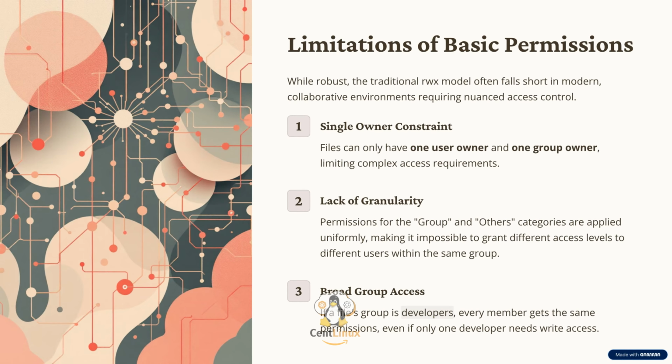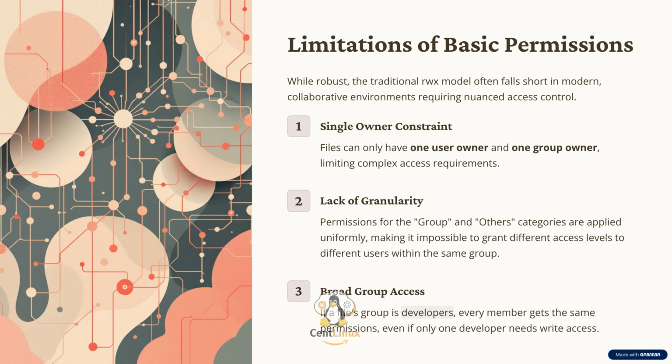Although the rwx model is powerful, it does have limitations. Single owner constraint. Every file can only have one owner and one group. This isn't flexible for collaboration among multiple users who need different permissions. Lack of granularity. You can't grant customized permissions to individual users within the same group.